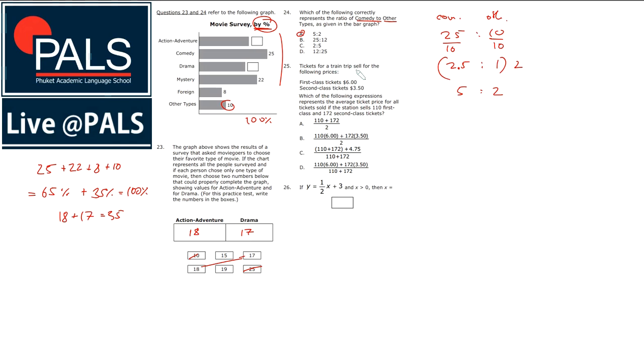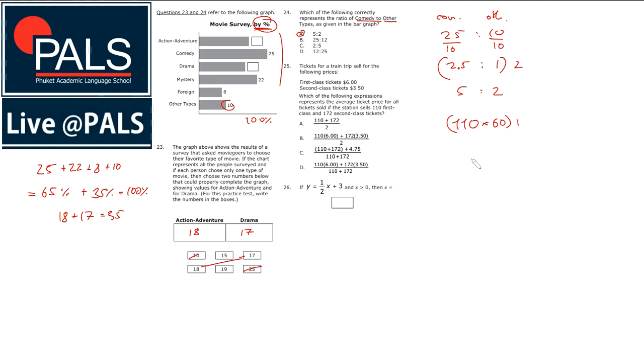Tickets for a train trip sell for the following prices. First class $6, second class $3.5. Which of the following expressions represents the average ticket price for all tickets sold if the station sells 110 first class tickets and 172 second class tickets.